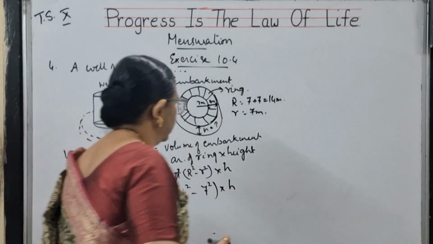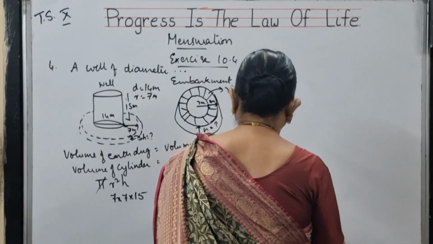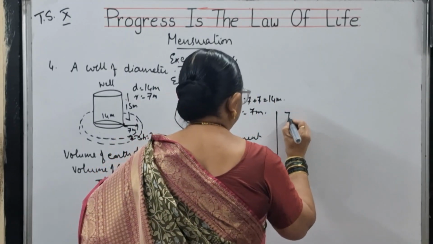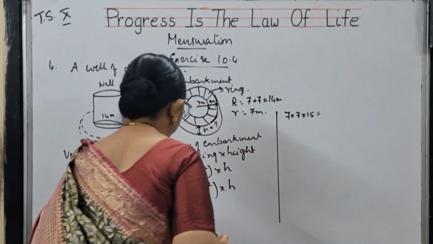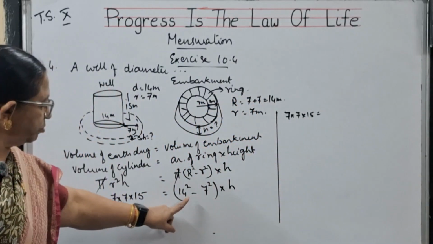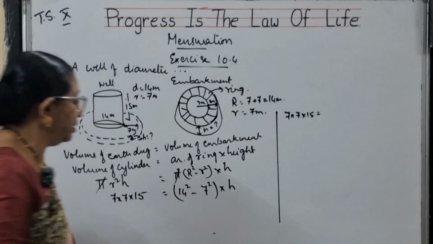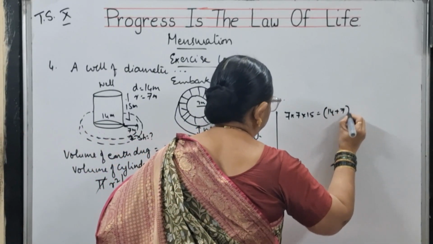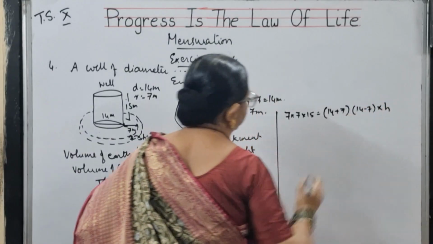So let me continue this. 7 into 7 into 15 is equal to, see, this is a square minus b square. This can be written as a plus b into a minus b. That means 14 plus 7 into 14 minus 7 into h.